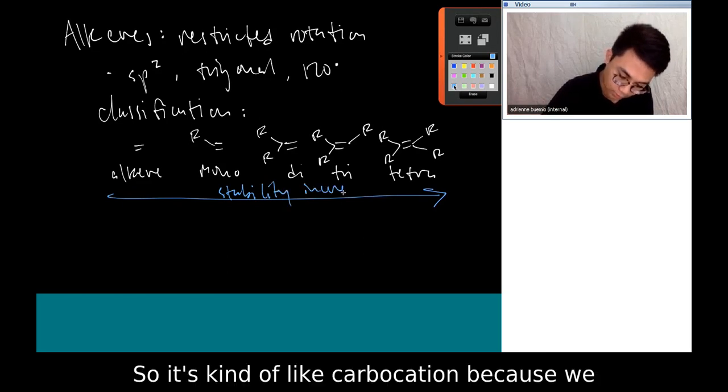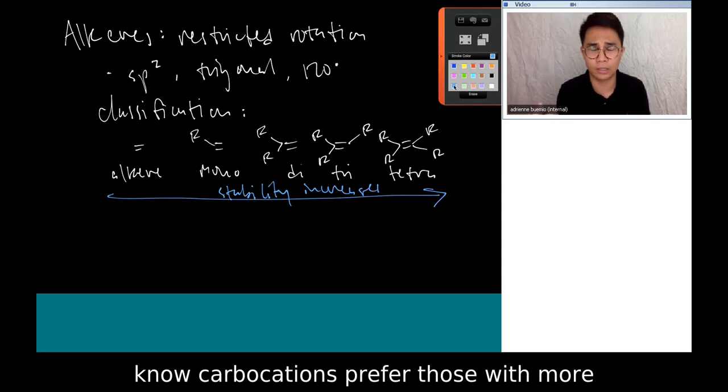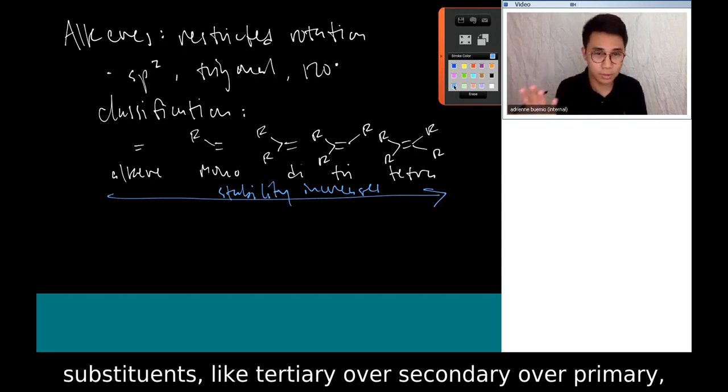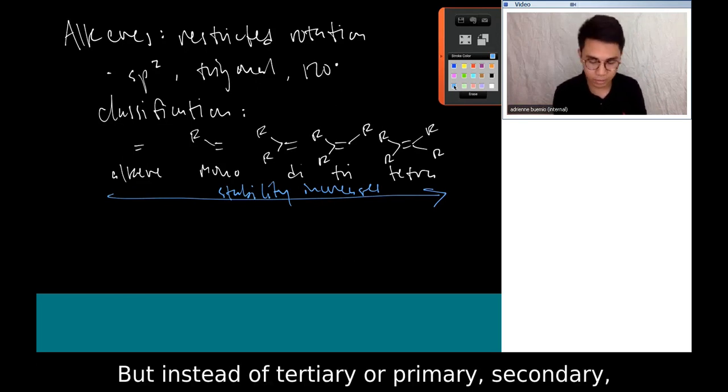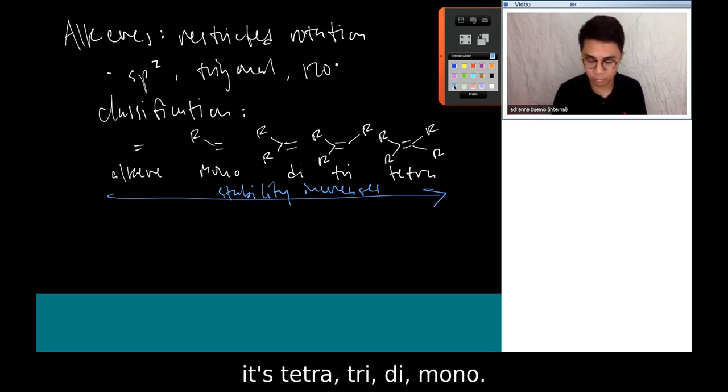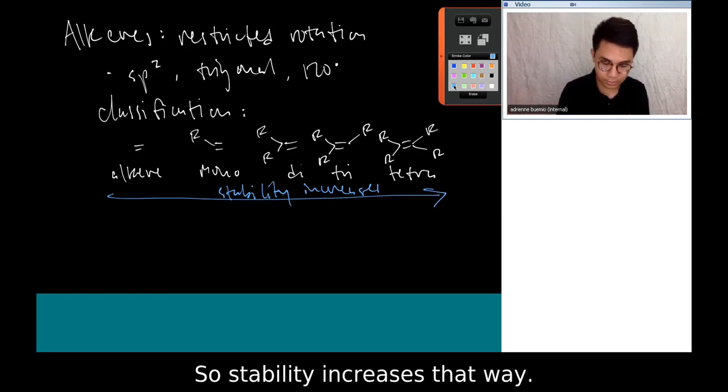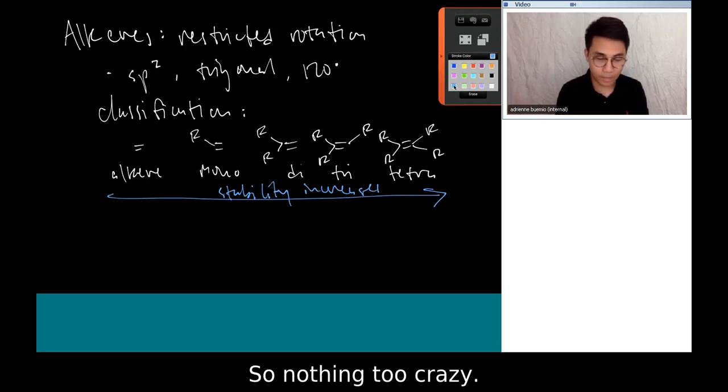It's kind of like carbocations, because we know carbocations prefer those with more substituents, like tertiary over secondary over primary. So kind of the same concept, but instead of tertiary, secondary, primary, it's tetra, tri, di, mono. So stability increases that way. Nothing too crazy. We know all of these.